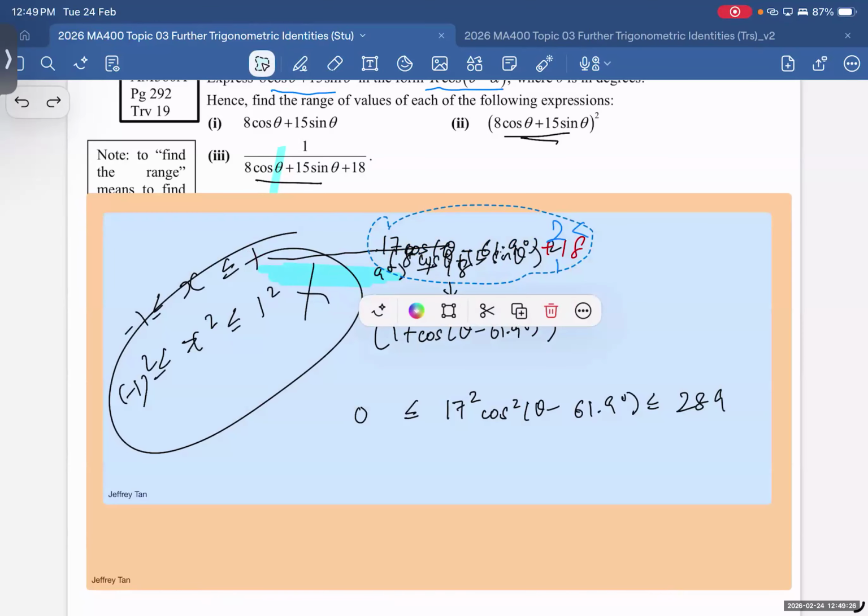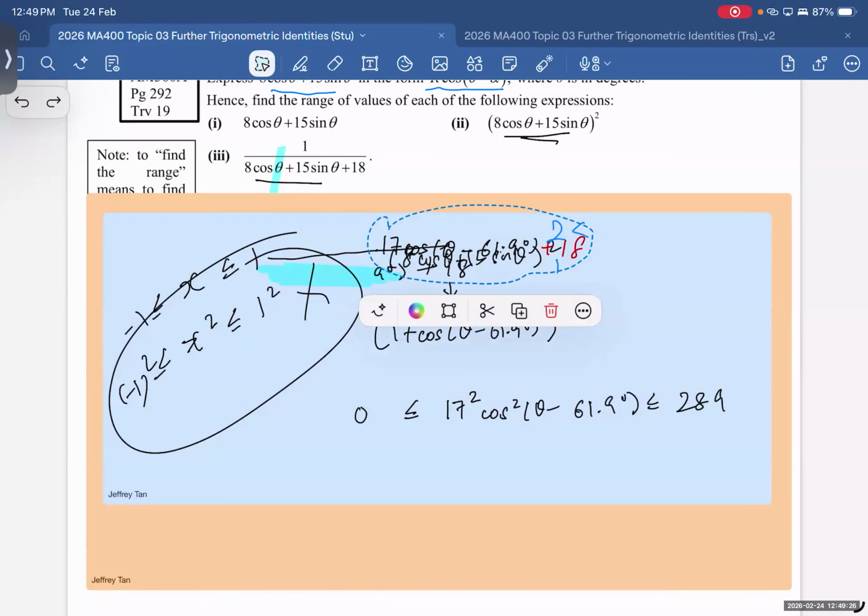Negative 17 plus 18 is 1, then 17 plus 18 is 35. Oh, plus 18, sorry. Yeah, my bad.